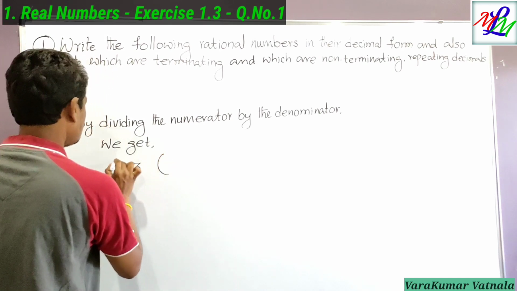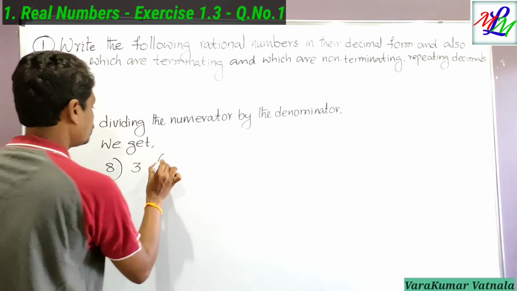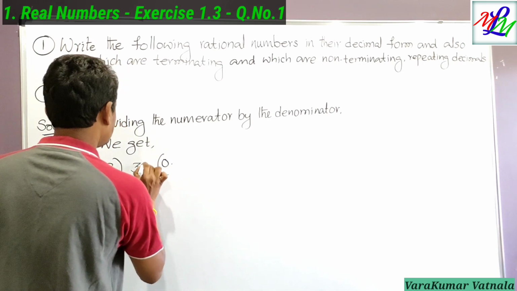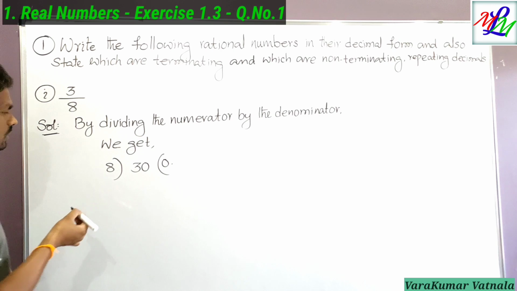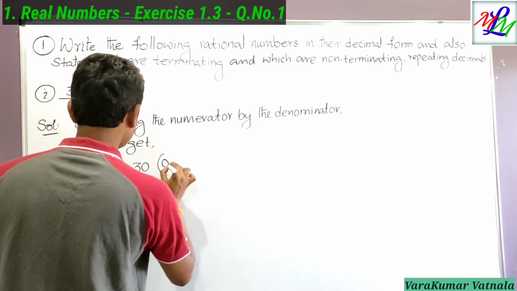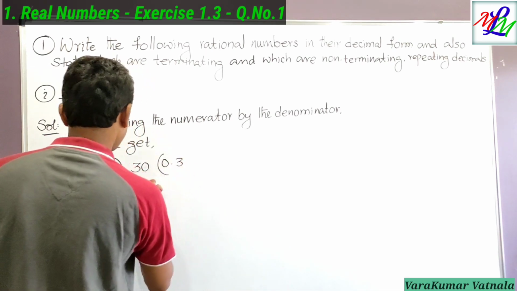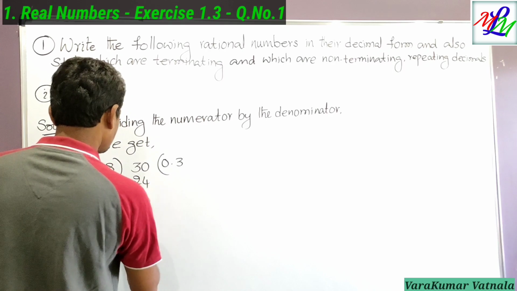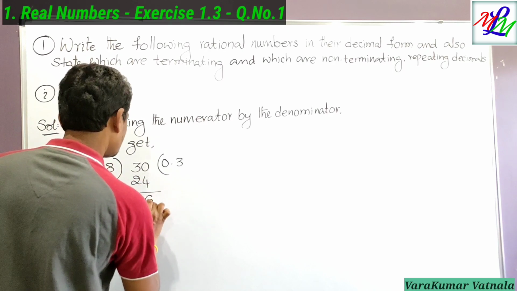It is very clear 3 is less than 8, so it won't go. So write a decimal and a 0 here. How many times does it go? 8 3s are 24. So 30 minus 24 is 6.